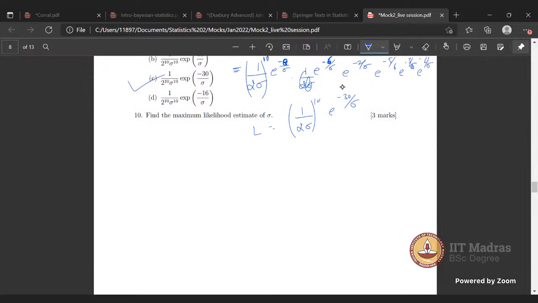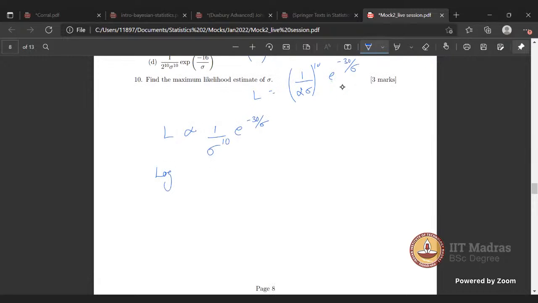I can say that our L is proportional to 1 upon sigma to the power 10 e to the power minus 30 upon sigma. Now, if I take the log on both sides, it is going to be minus 10 log sigma plus log of e to the minus 30 by sigma, so this is minus 30 by sigma.